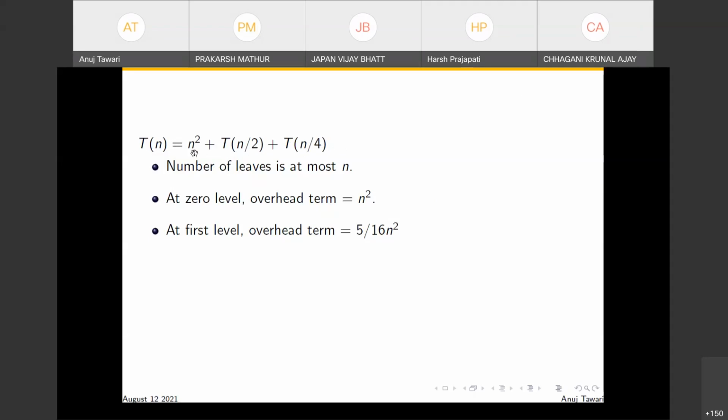So initially we had n by 2 whole square and n by 4 whole square, that we summed up and we got 5 by 16 n square. Similarly, now you have to do the same for the second level.